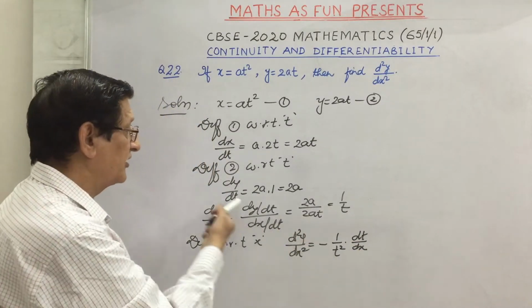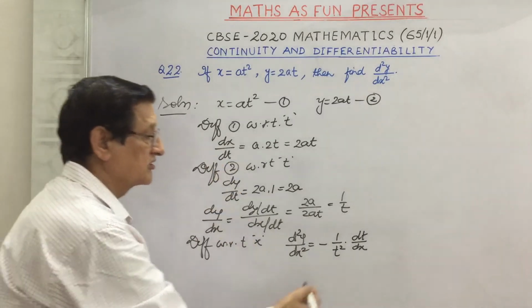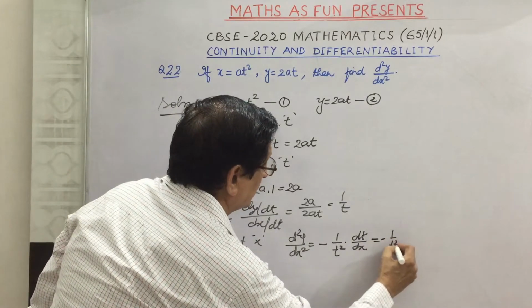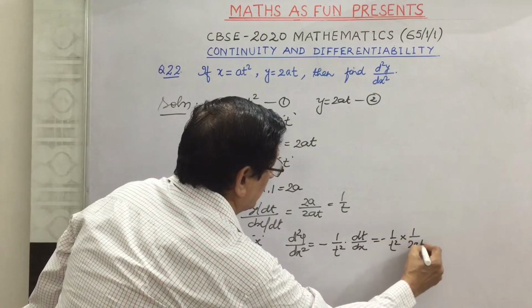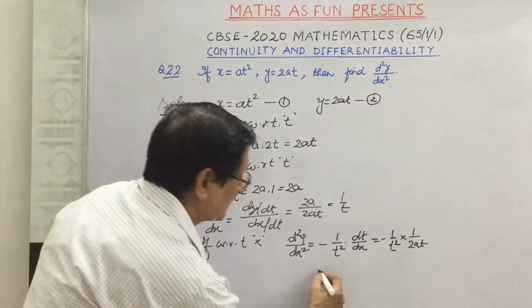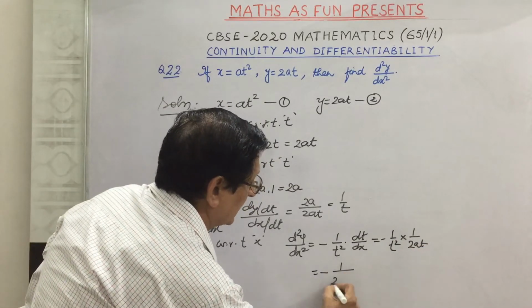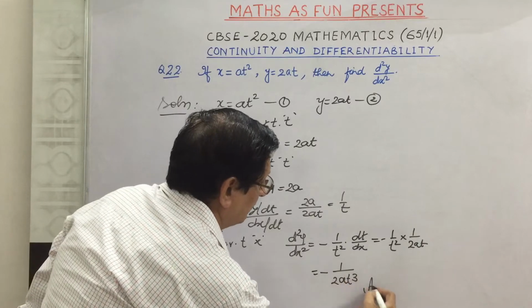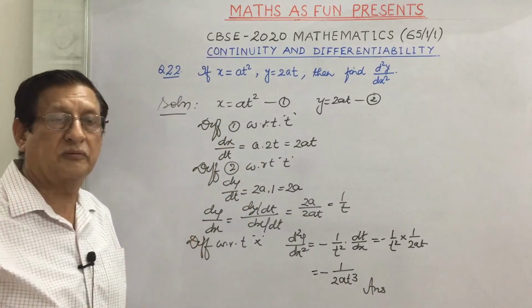And we put the value of dt by dx from here. This comes as minus 1 upon t square into 1 upon 2at. And the answer here comes as minus 1 upon 2a t cube. This is the answer of this particular problem.